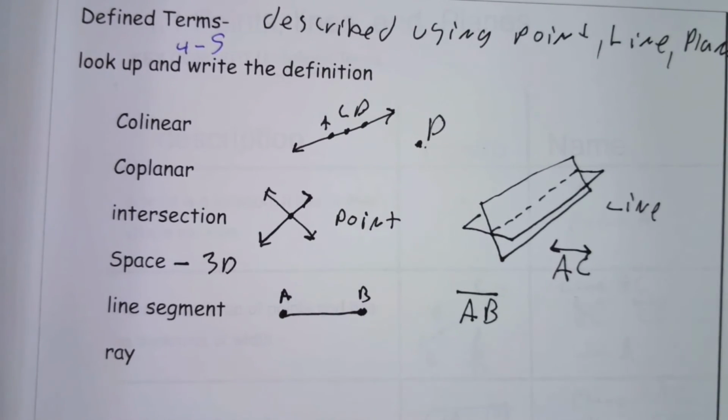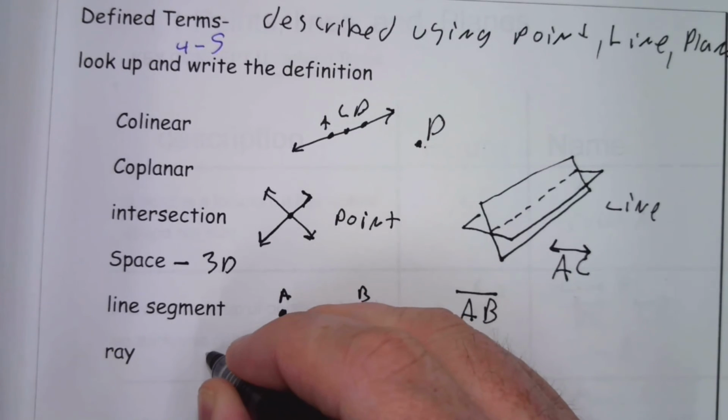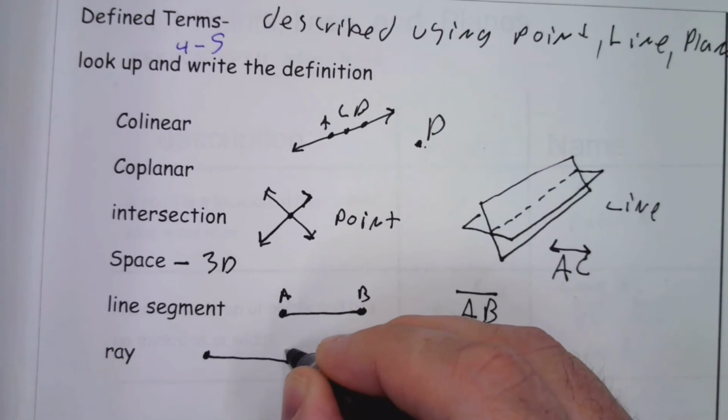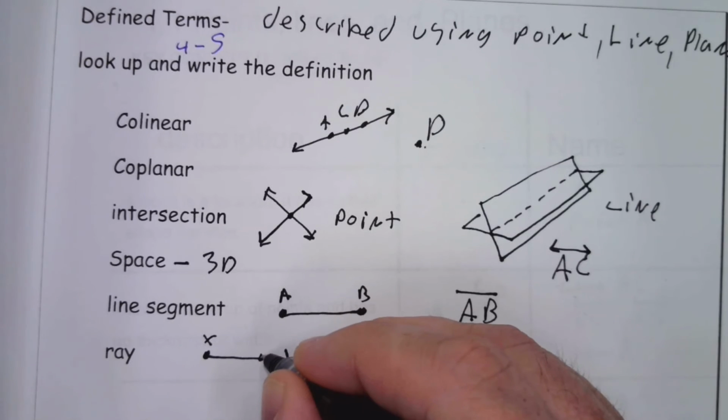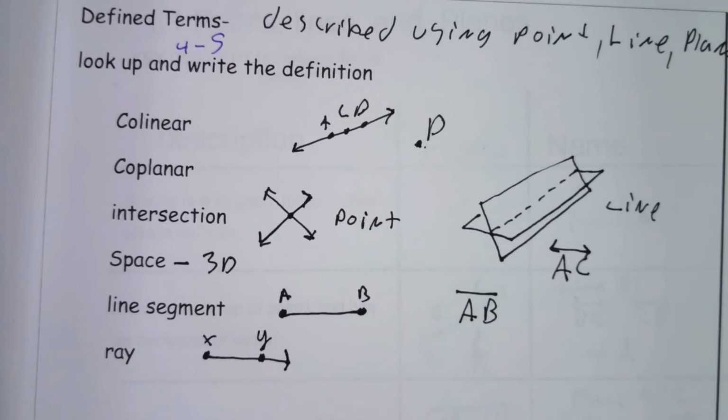Ray. I think a ray is basically, it just goes in one direction, right? So this is what a ray might look like. And this is how I'm going to write this. Order matters for a ray, and let's see why.